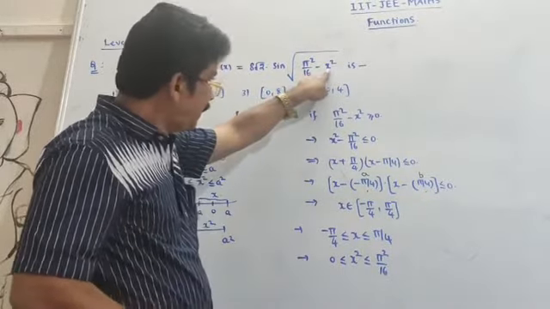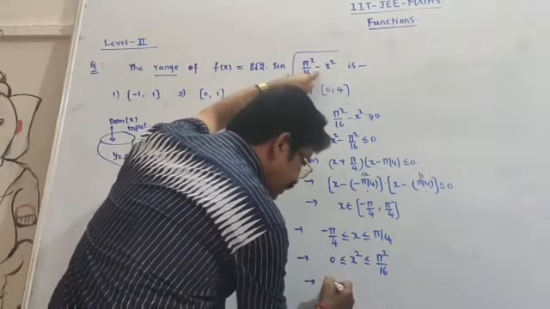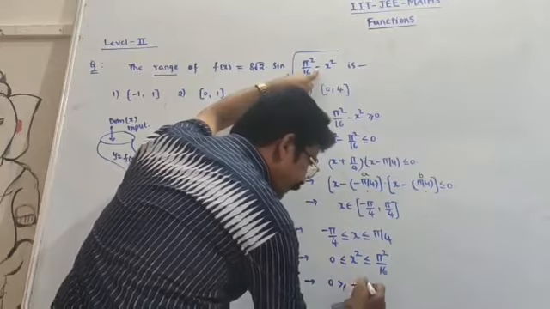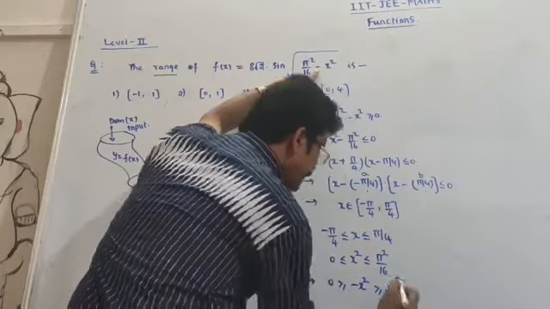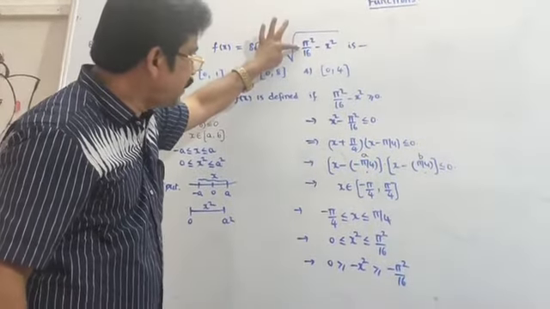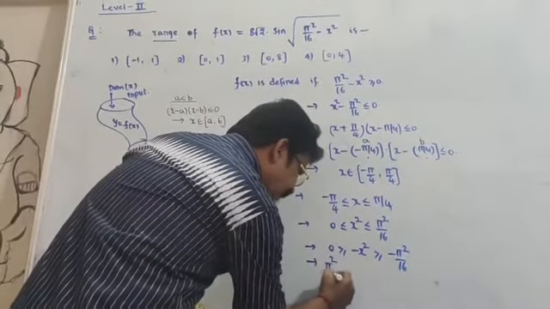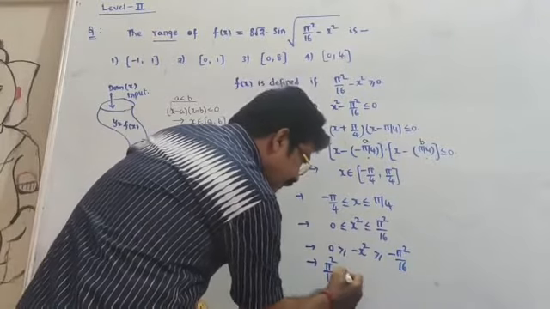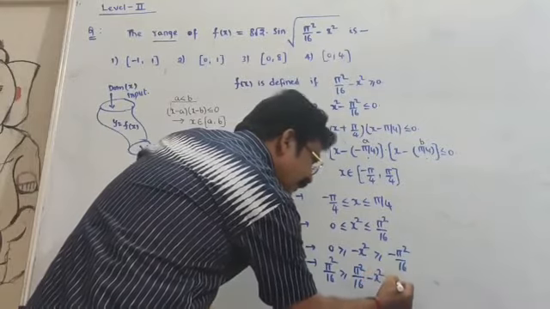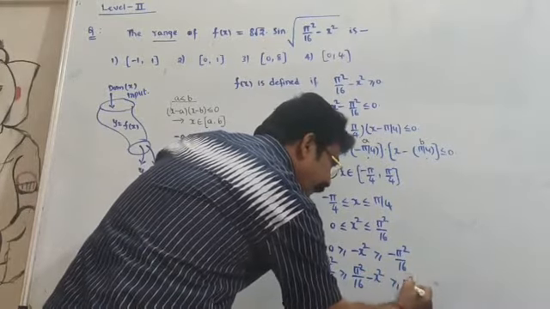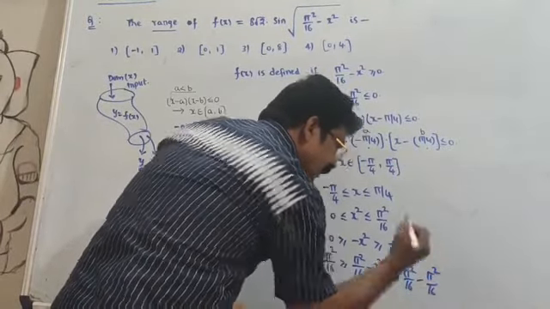I got x square. Later we must obtain minus. So multiply with minus: 0 is greater than or equal to minus x square greater than or equal to minus pi square by 16. Later add pi square by 16 throughout the equation: pi square by 16 greater than or equal to pi square by 16 minus x square greater than or equal to pi square by 16 minus pi square by 16.